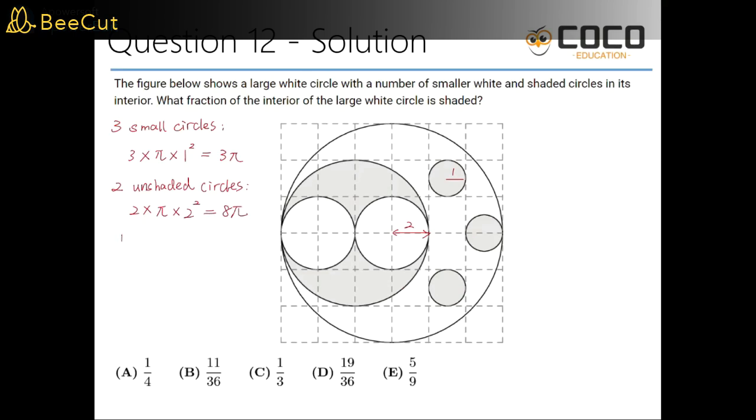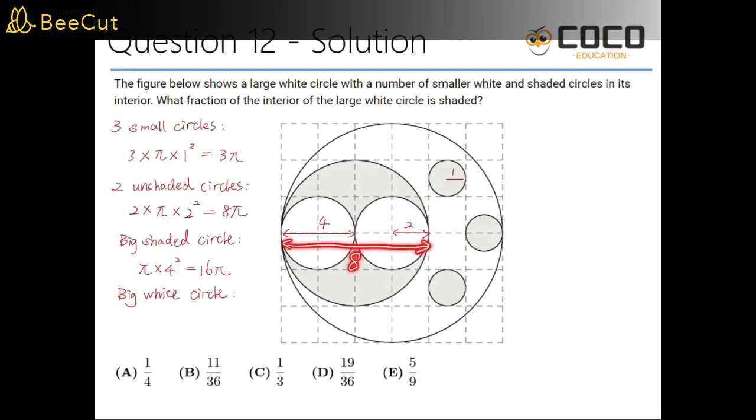Then we can find the big shaded circle. Okay, this one here, the radius is 4. So this is pi times 4 squared, 16 pi. Now, lastly, for the big white circle, this is the radius.